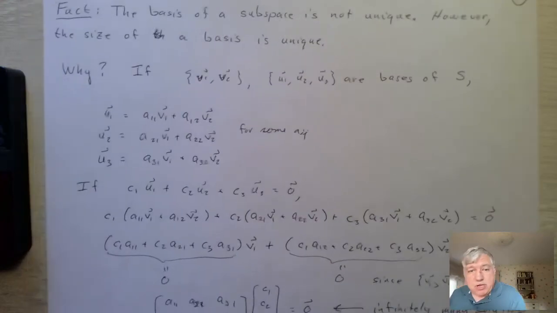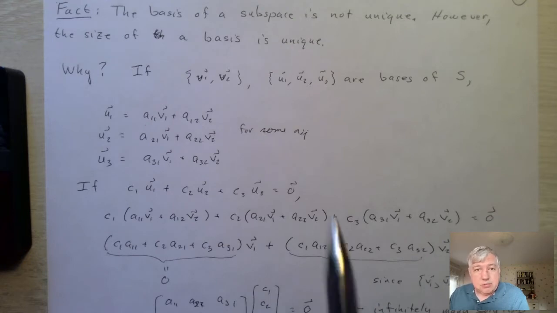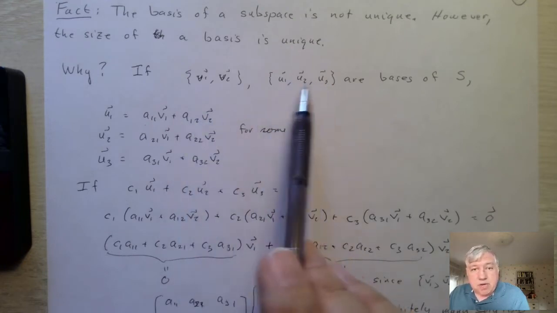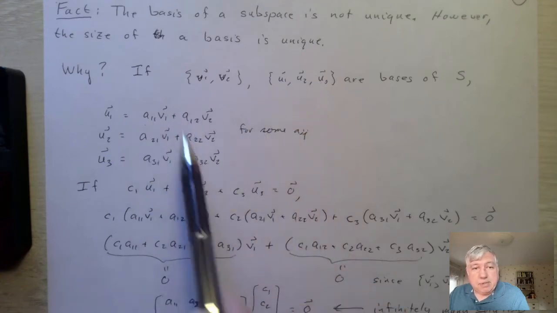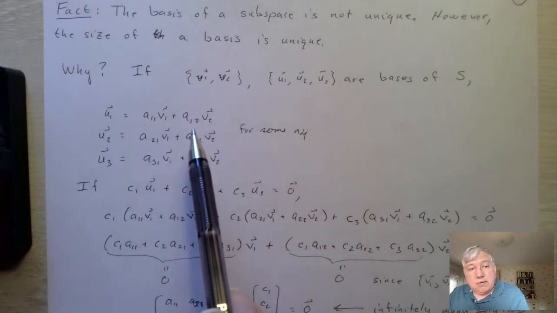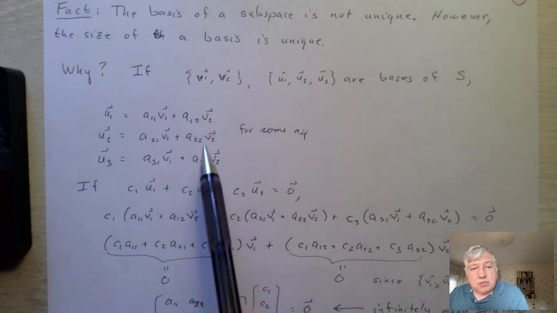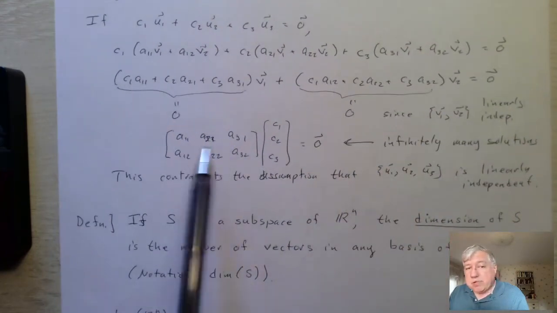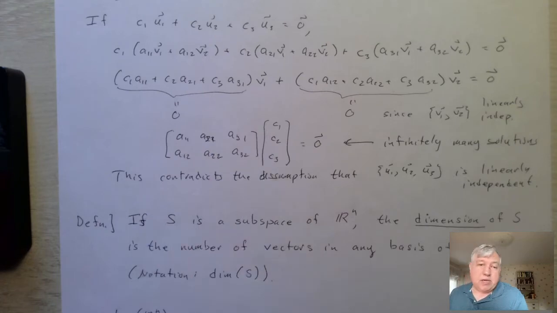And basically, we can repeat this argument whenever we have 2 bases of unequal size. We take the vectors in the bigger basis and write them as linear combinations of the vectors in the smaller basis, and then we get a rectangular system like this with infinitely many solutions.